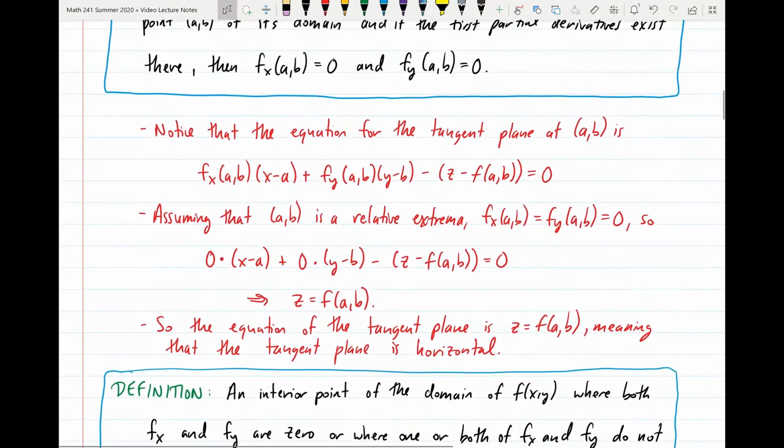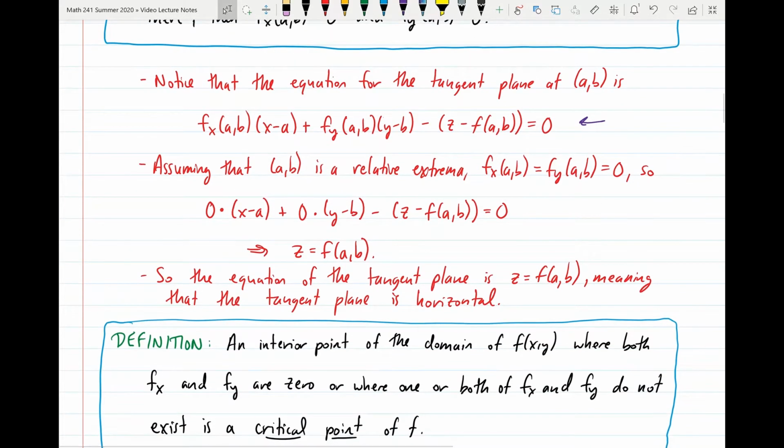So notice that the equation for the tangent plane at the point (a, b) is given by f sub x at (a, b) times (x minus a) plus f sub y at (a, b) times (y minus b) minus (z minus f of (a, b)) is equal to 0. So this is actually an expression that we came up with in the last section, 14.6.